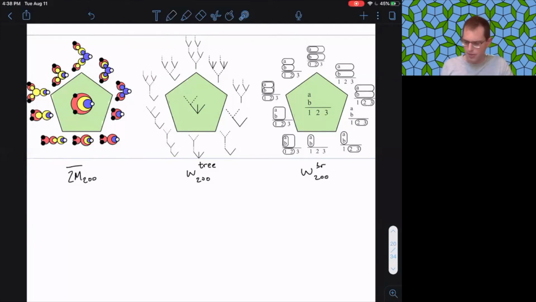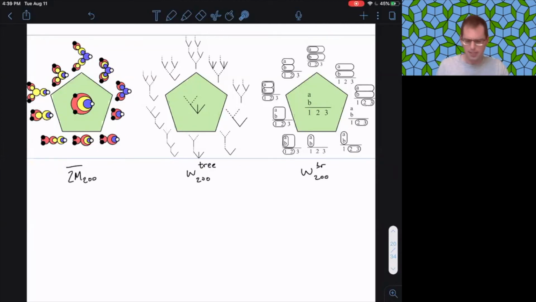These are analogs for 2-associahedra of two presentations of the associahedra on the level of posets. W_200 tree is an analog of presenting associahedra as stable planted planar trees, and W_200 burr is an analog of the presentation of associahedra as parenthesizations.